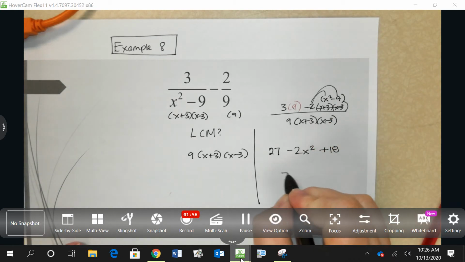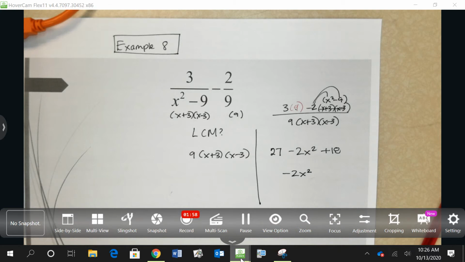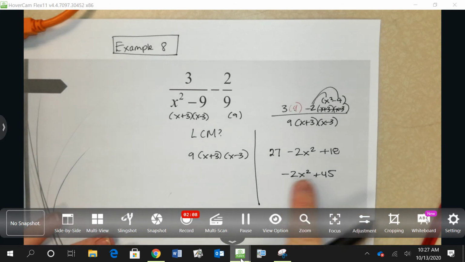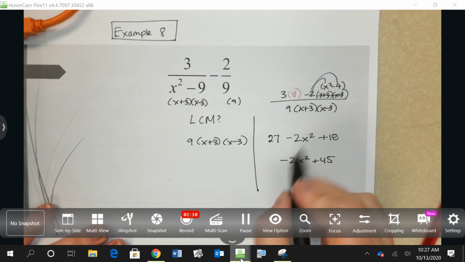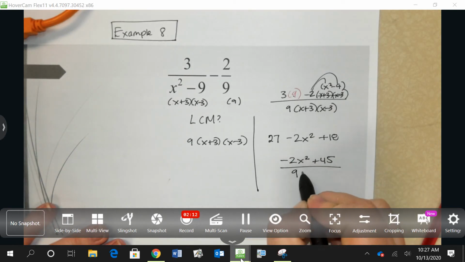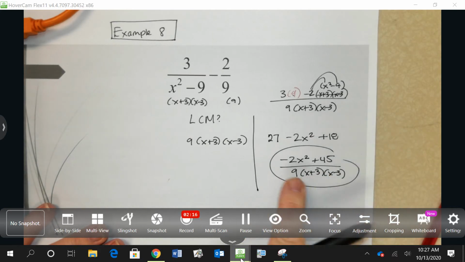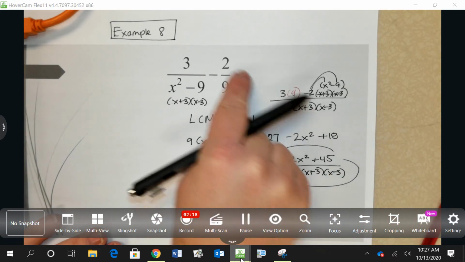When I combine like terms, I have negative 2x squared, and 18 plus 27 is a positive 45. Now I can't divide a negative 2 out here. And it's all over the quantity 9, x plus 3, and x minus 3. This is the simplified version of this expression.